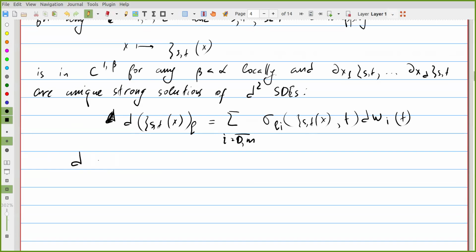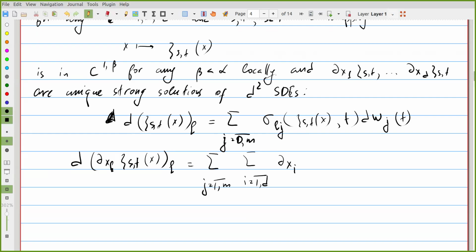And then the stochastic differential equation, that the derivative with respect to the k-th variable after taking the l-th coordinate is this double sum, j from 1 to d, e from 1 to d. I mixed a bit. It's better to write j here. It makes more sense.